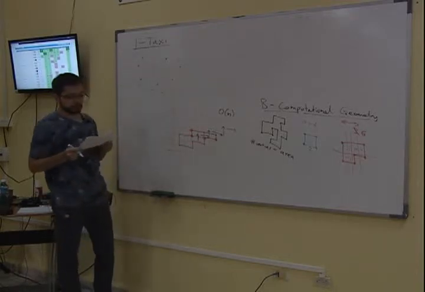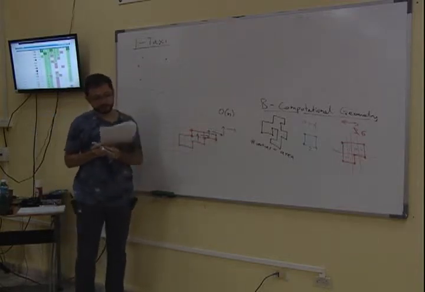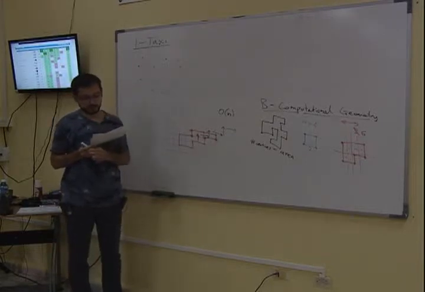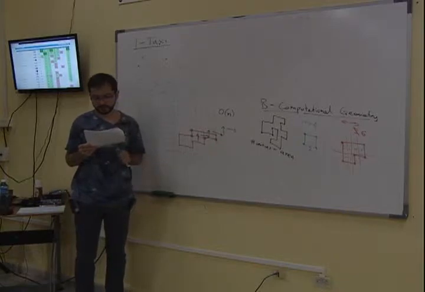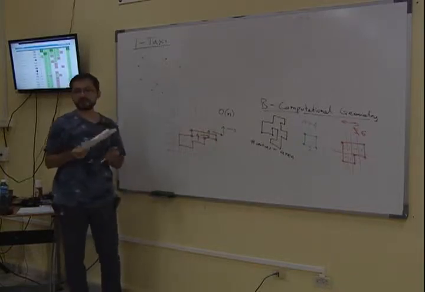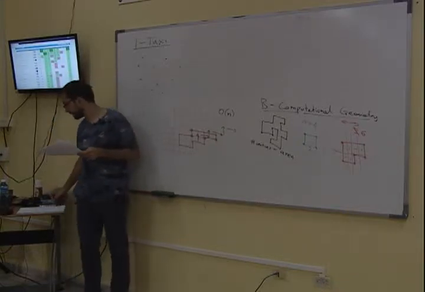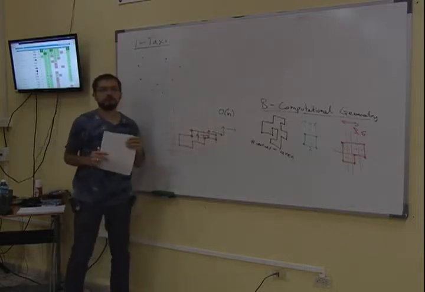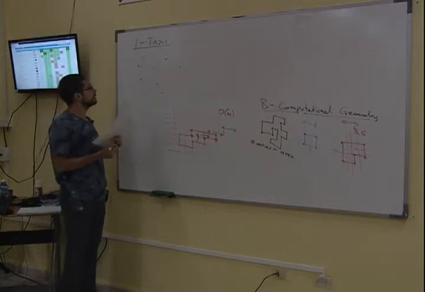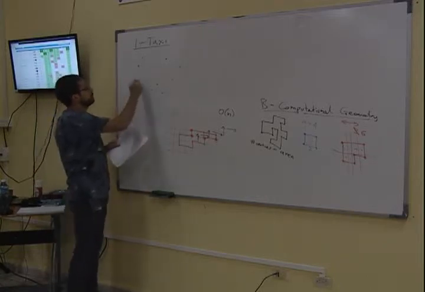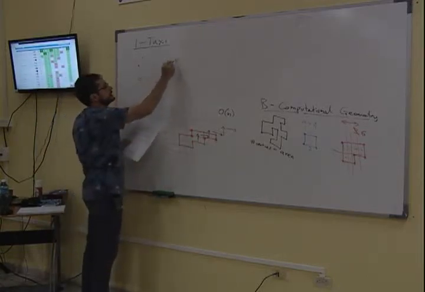Okay, and we are interested in 2 points for which the distance between them is as big as possible. Okay, but the distance is calculated in the Manhattan metric. So suppose that we have 2 points here and here.